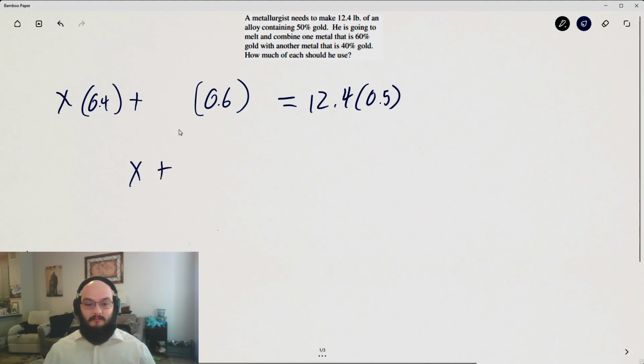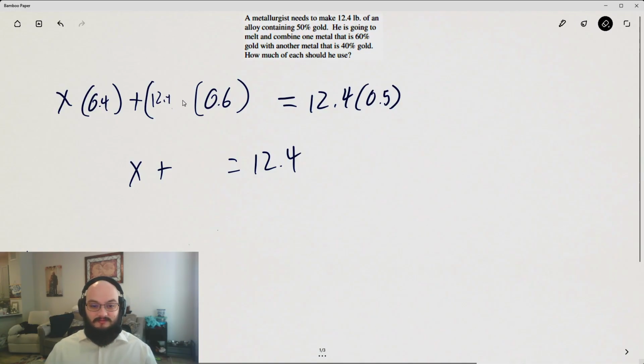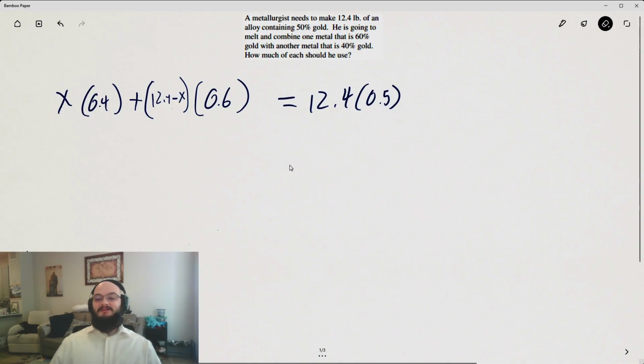So X plus this amount is equal to 12.4. So that means this amount is the same thing as 12.4 minus X. And now we have everything plugged in.